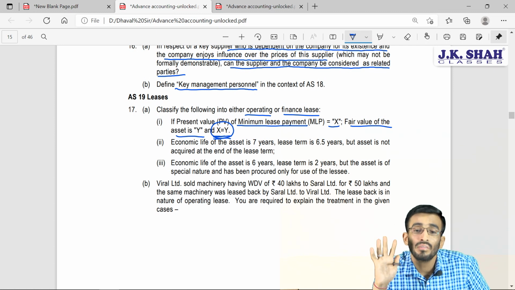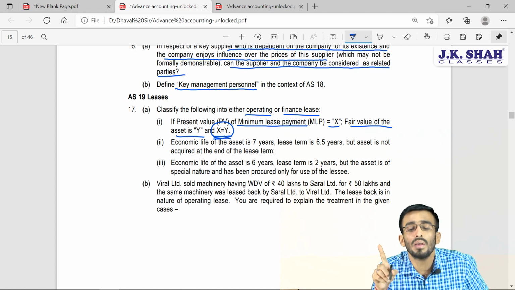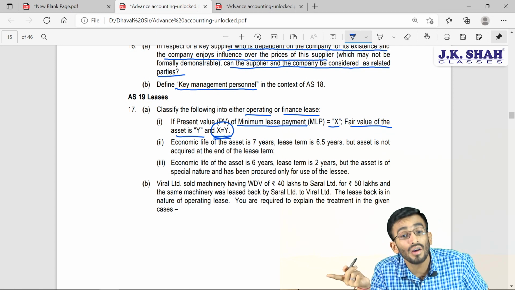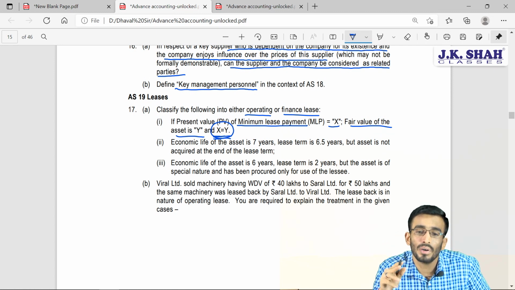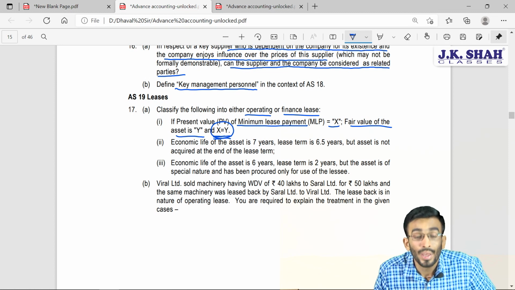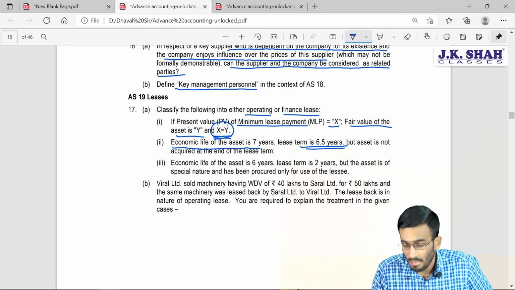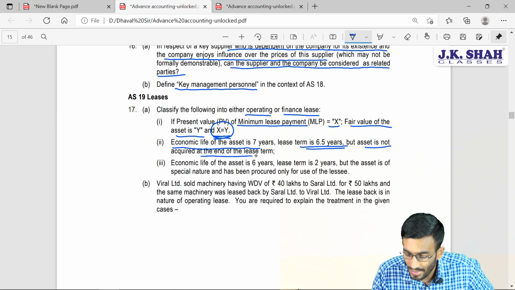If you remember, there were 5 indicators to define whether a particular lease is a finance lease or not. One of the indicators is that PV of MLP substantially covers the fair value of the asset. In that case, that lease will be considered as a finance lease. Now, second: the economic life of the asset is 7 years and the lease term is 6.5 years, but the asset is not acquired at the end of the lease term.